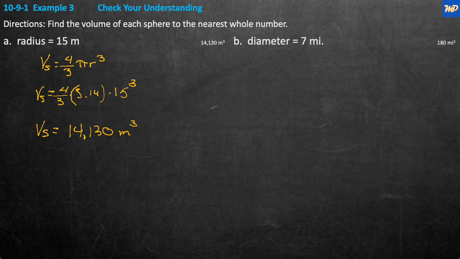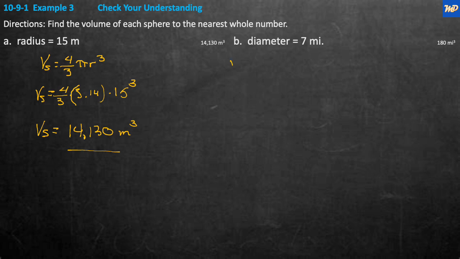That's 4 times 3.14 times 15 cubed, which is a pretty large number, then divided by 3. There's your answer, 14,130 meters cubed.